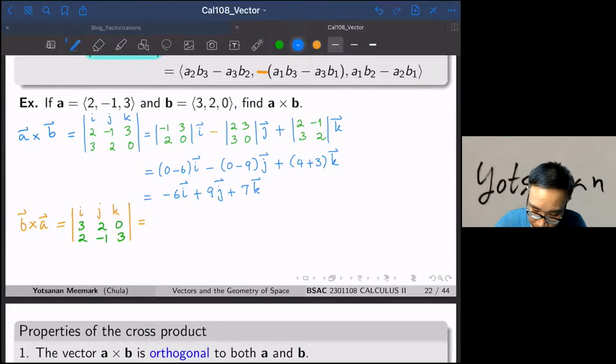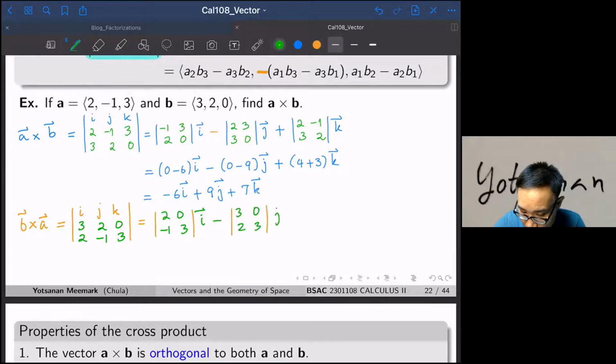So let me write down 0, -1, 3, and you have I, minus J is gonna be 3, 0, 2, 3, J, plus K is gonna be 3, 2, 2, -1.